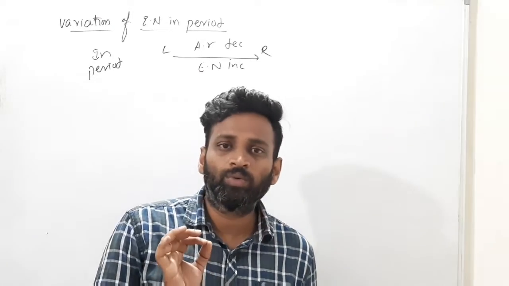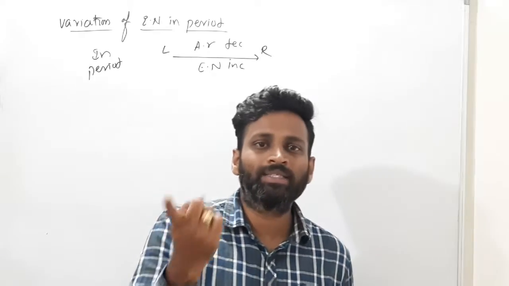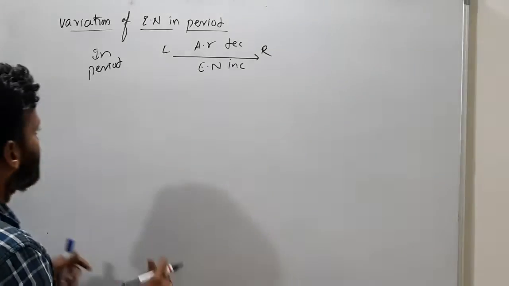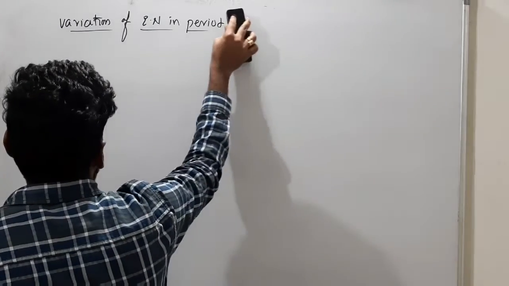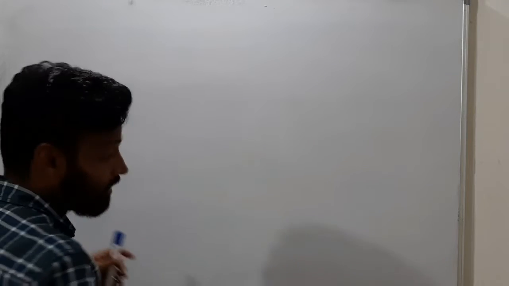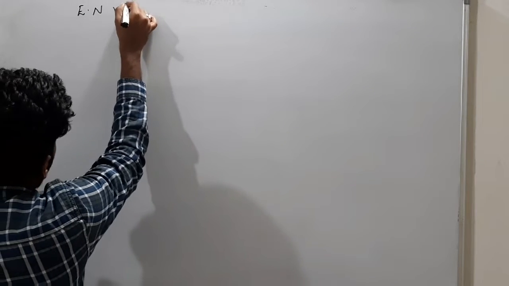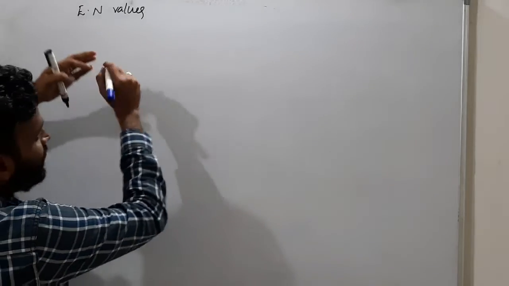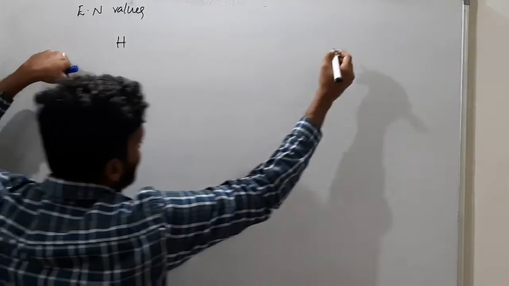But how to remember electronegativity values for s block and p block elements? I will give you one trick today. Please try to understand it. First, write down the elements period wise. First write hydrogen and helium.